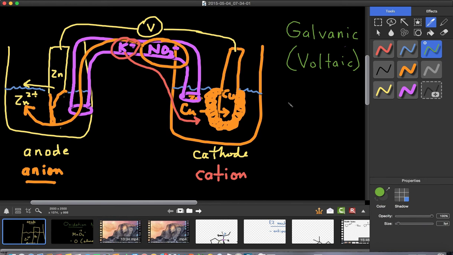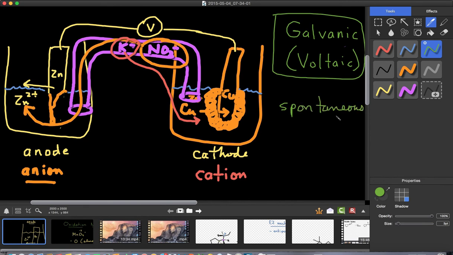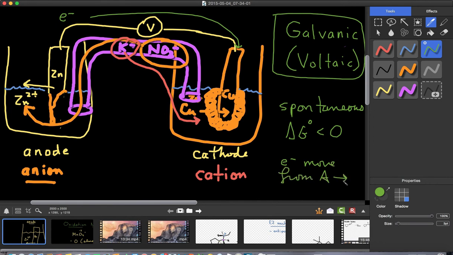Both of these terms indicate an electrochemical cell that is spontaneous, and of course, we know if it's spontaneous, then the delta G of the reaction is less than 0. And in this type of cell, the electrons will always move from the anode to the cathode.